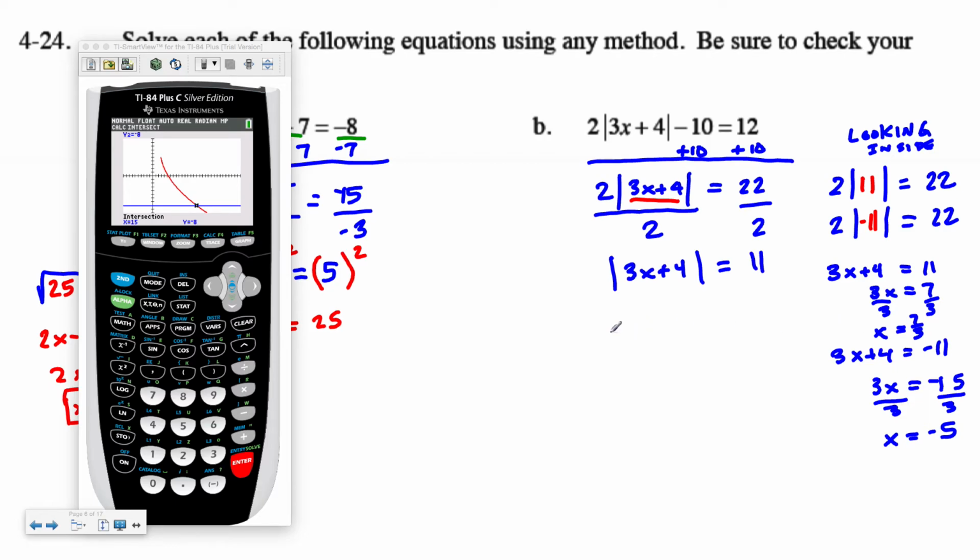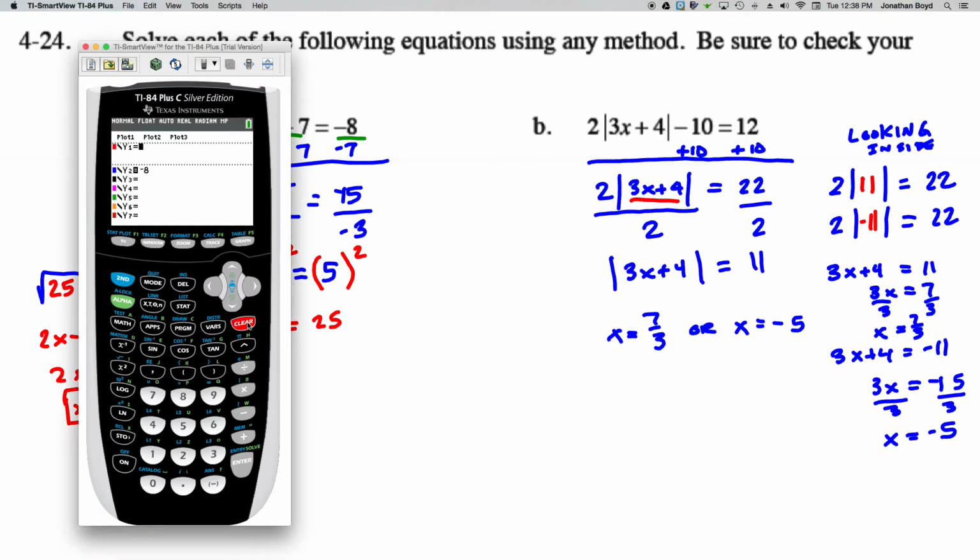Now, if we say that x equals 7/3, or x equals -5, you can take it and plug them back in to make sure that they work, or you could graph them to see if they work as well. Let's graph it and see what happens. Let's do y equals.